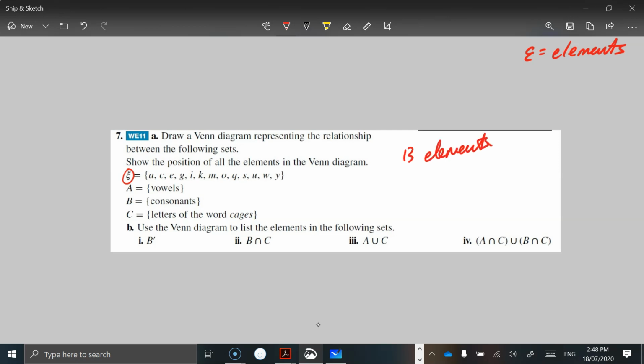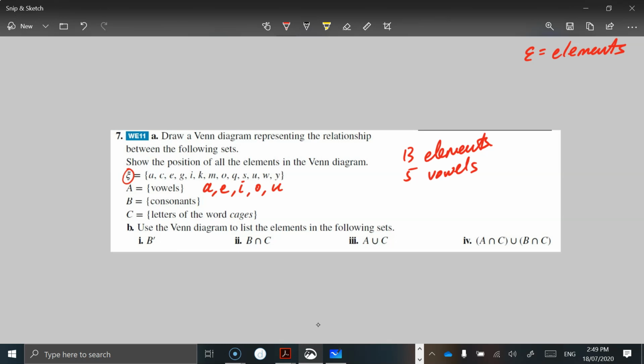Okay, and the vowels that we have here are A, E, I, O, and U. Okay, so there's 5 vowels. And consonants are obviously the others.